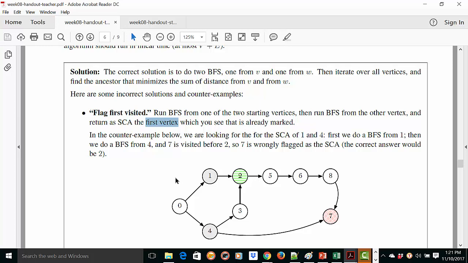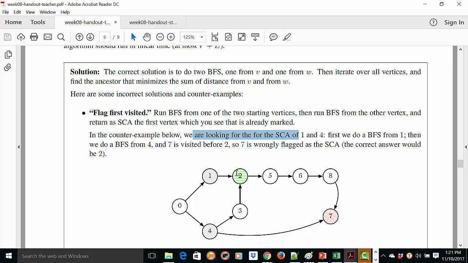That can be misleading because you don't know whether the first one is the one that's going to give you the correct one. In the graph example below, we're looking for the SCA of 1 and 4. First, we do a BFS from 1. So we reach these vertices, then we do a BFS from 4. We reach these vertices. But we know that 7 is visited before 2, so 7 is only flagged as the SCA.